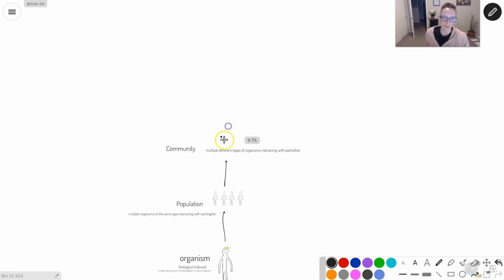Then we go on to an ecosystem. It's pretty cool. An ecosystem is a community interacting with their environment.